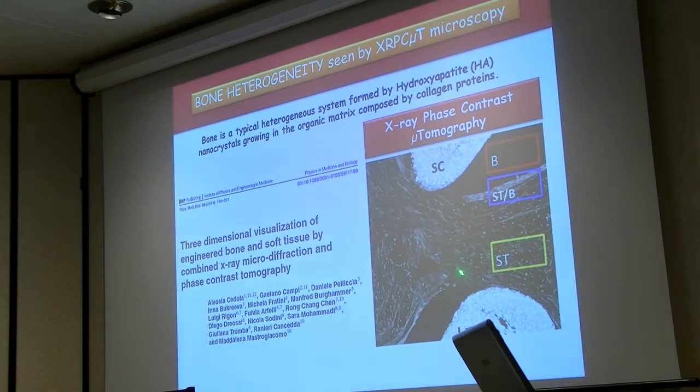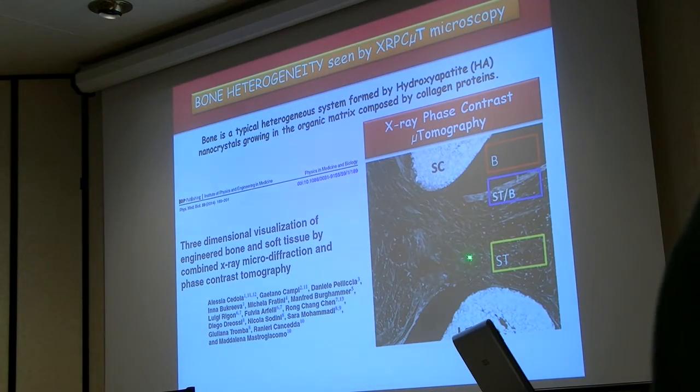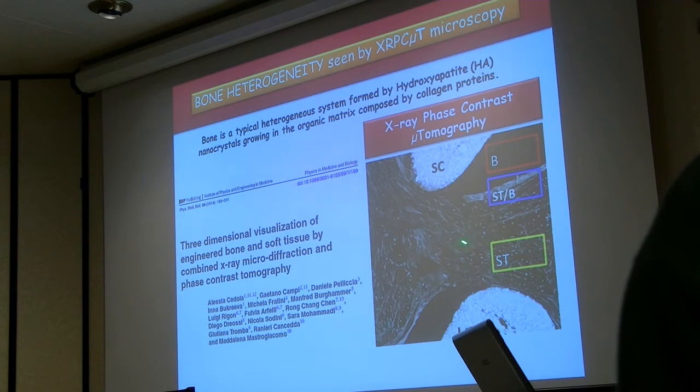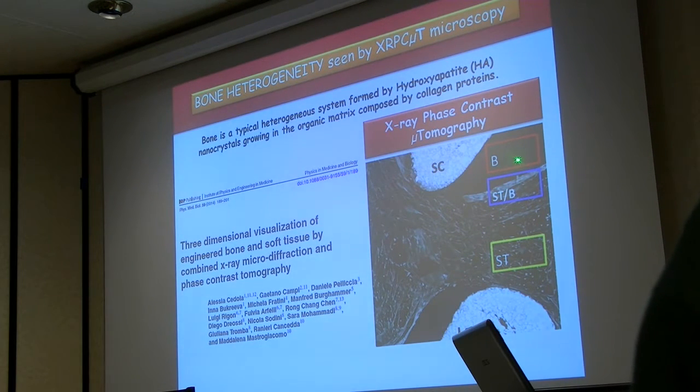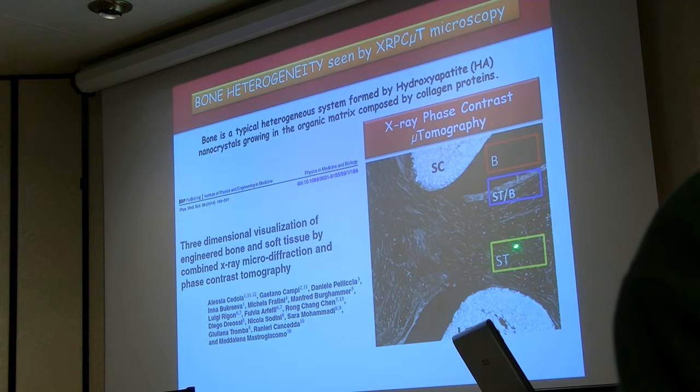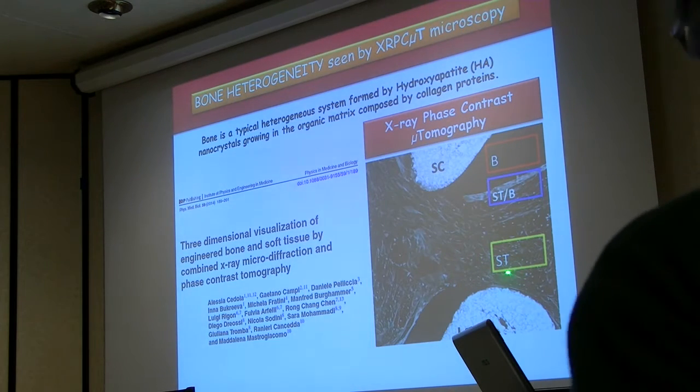Here is a phase contrast image of a slice of the extracted sample. We can see three different materials: the newly formed bone, an interface, and a collagenous matrix formed during the implantation.